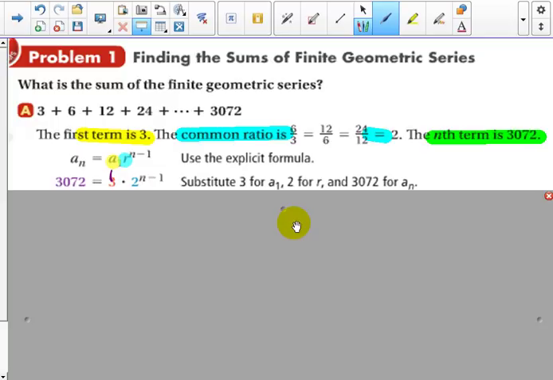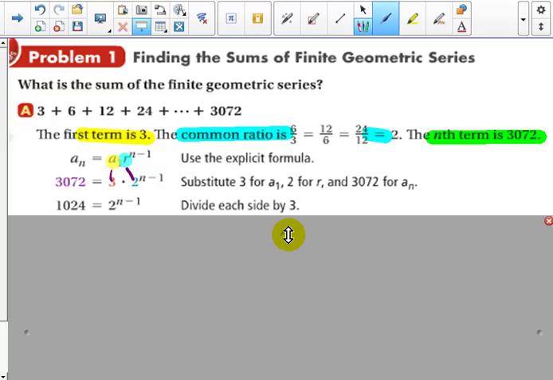And then we know our ratio r is 2, to the n minus 1. So we don't know n, that's the only thing. So we've got everything in here but n. So now, continue to solve. Divide both sides by 3, and that'll go away, and that'll go to 1,024 equals 2 to the n minus 1 power.